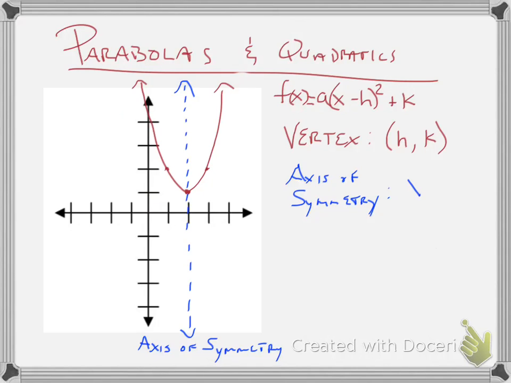It's a line, so it's an equation of a line, and the equation is always x equals h, whatever the h is of the vertex, because that's where it's passing through the x-axis. So for this one, I have a vertex that is positive 2, positive 1, and the axis of symmetry is x equals 2.